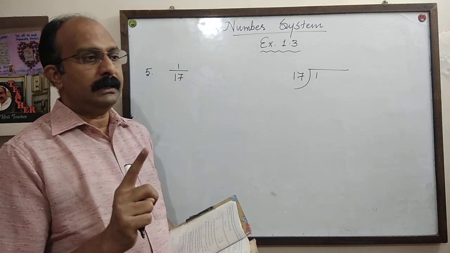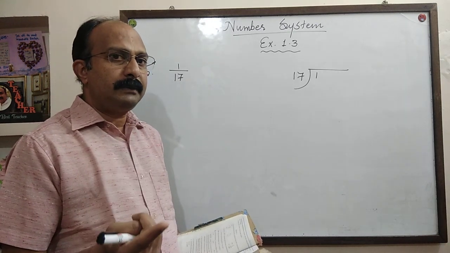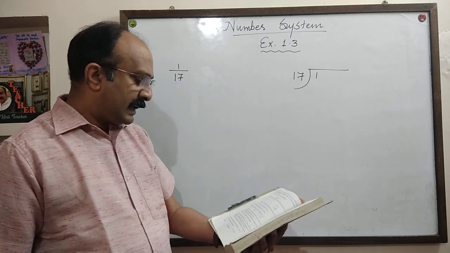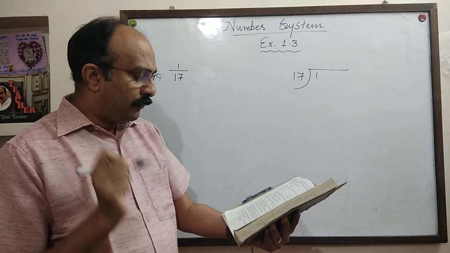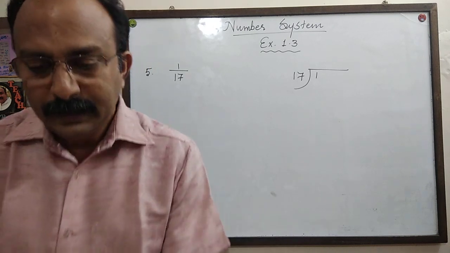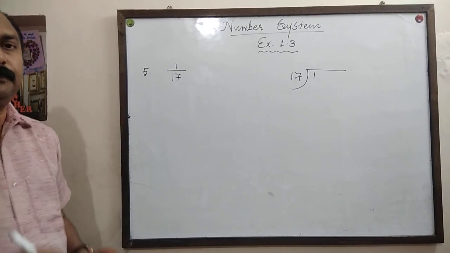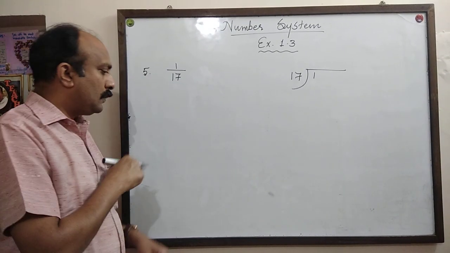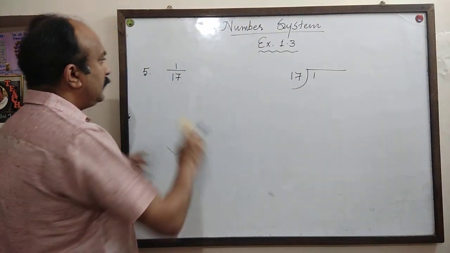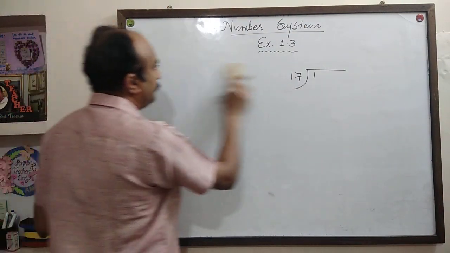Second, its decimal expansion must be terminating. Then the question, can you guess what property q must satisfy? In such a rational number p upon q, what property must the denominator q have?